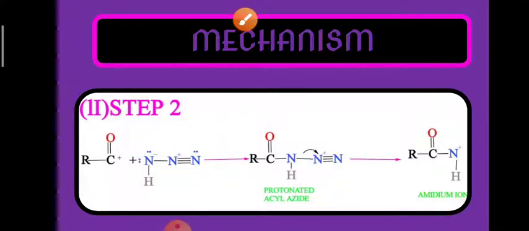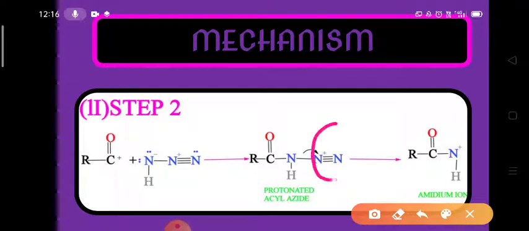Then the N2 group of the protonated acyl azide attacks the NN bond electron pair and goes out in the form of N2 gas.